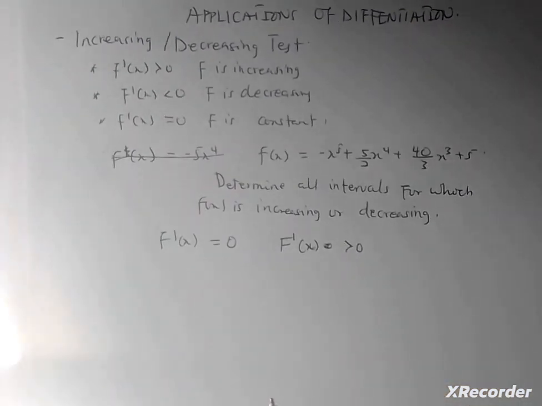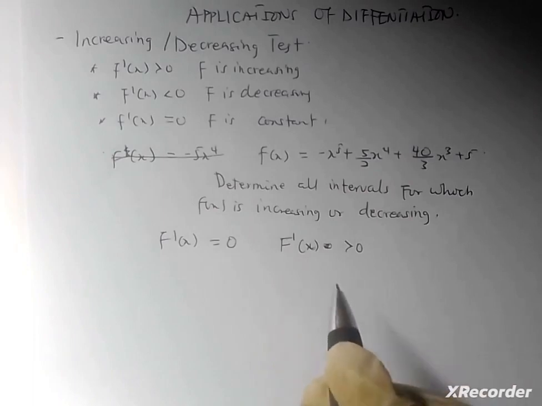If I find the gradient at that point and it is greater than 0, then my function is increasing at that point.